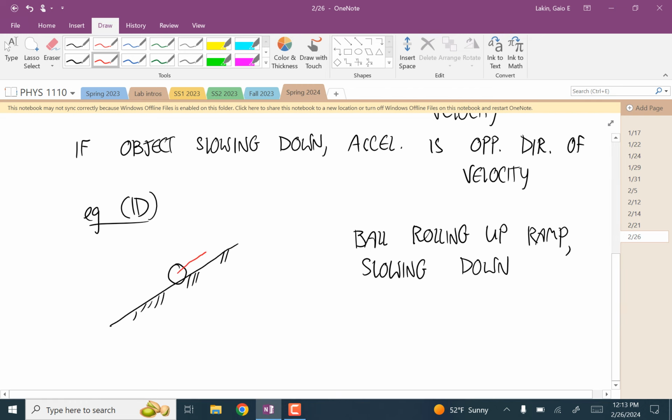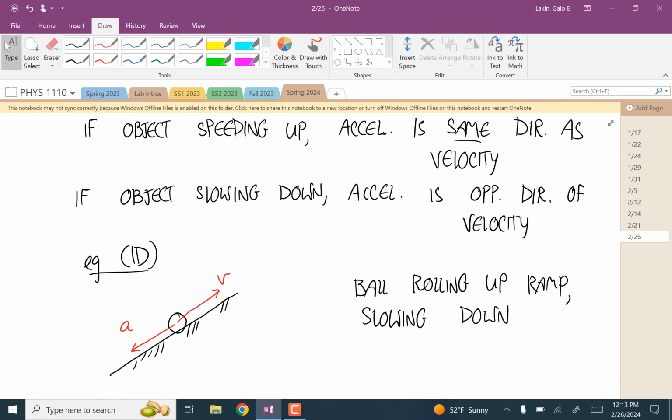So the velocity would be this way. And slowing down means the acceleration is in the opposite direction of the velocity. So the acceleration is this way. Okay? And that's all that can happen in 1D.